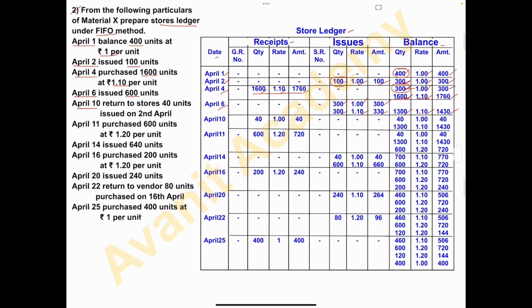Return to store 40 units issued on 2nd April. Return to store means from production area, the goods are returned to the godown, that is store. To store will take in receipts column because whatever the goods we have issued on 2nd April to the production department on April 10 due to some reason, maybe the goods are in excess amount.